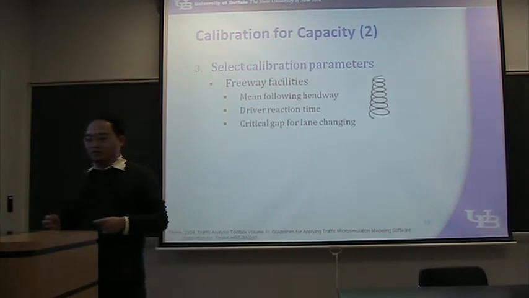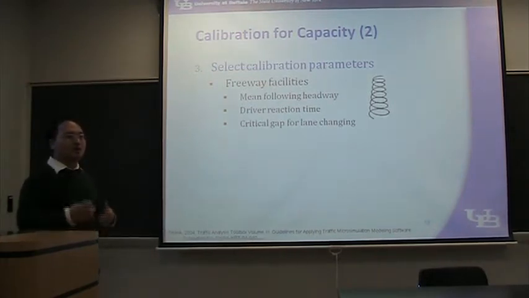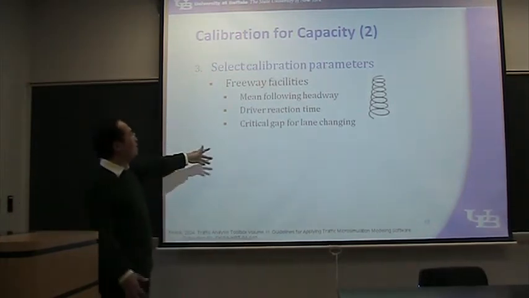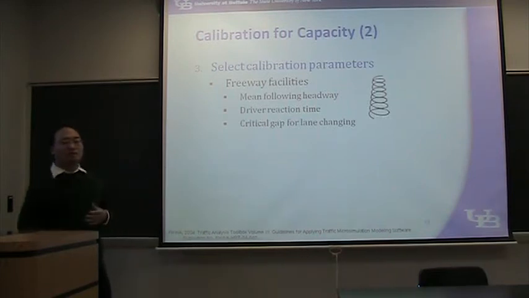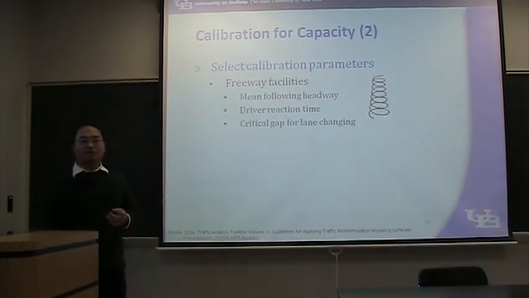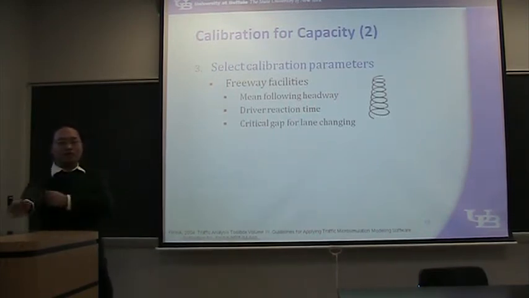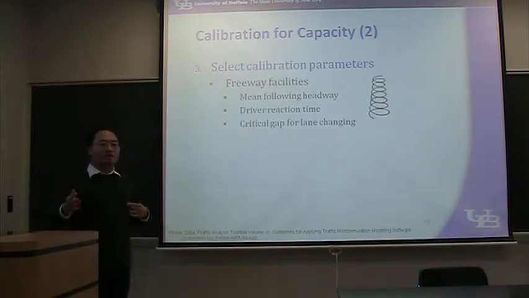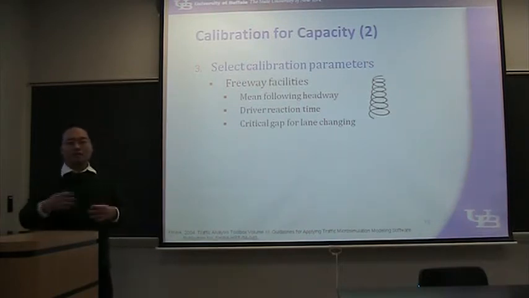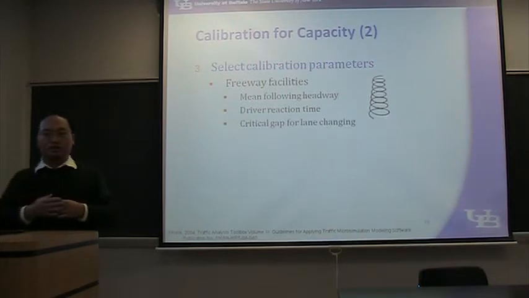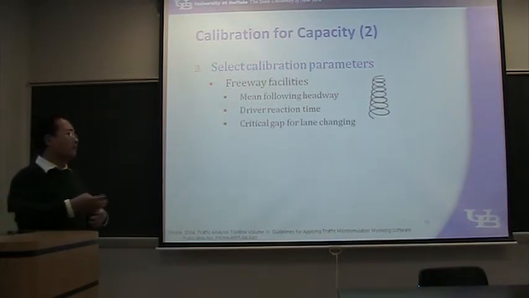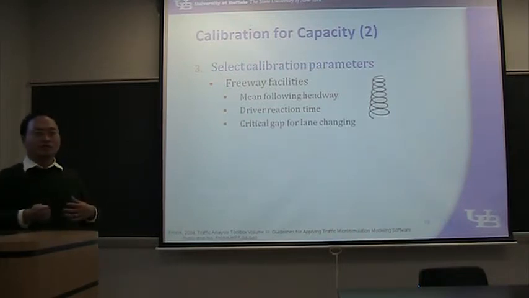So that may help you understand it. So how do you think the driver reaction time affects the capacity? Any idea? If the reaction time gets longer, or if the reaction time gets shorter, how do they affect the capacity?